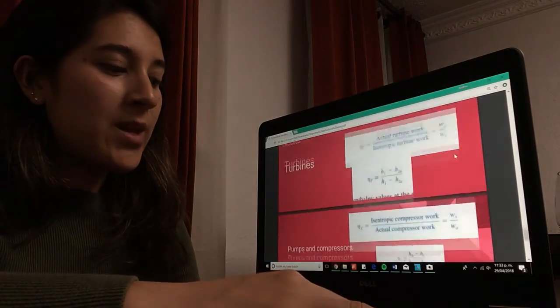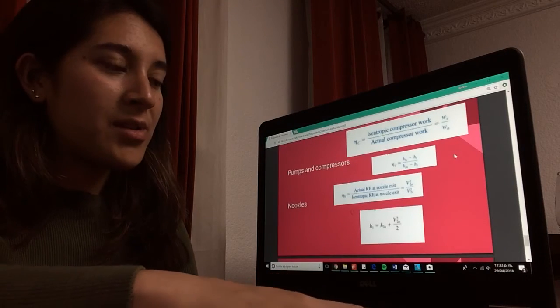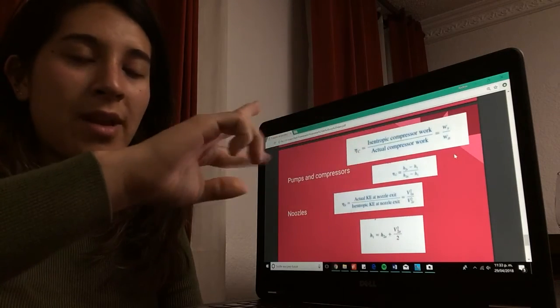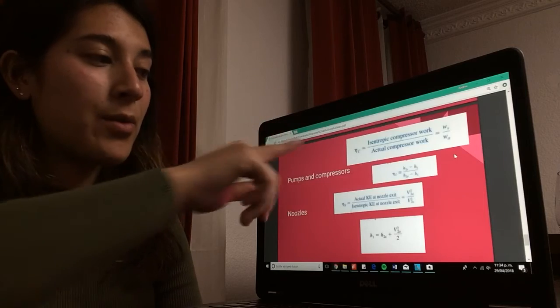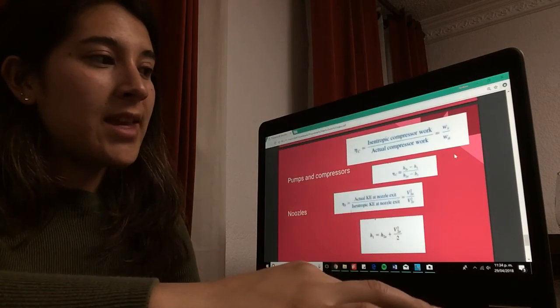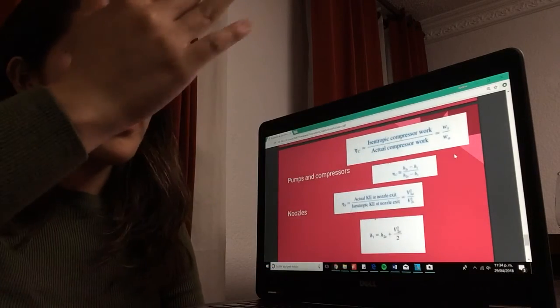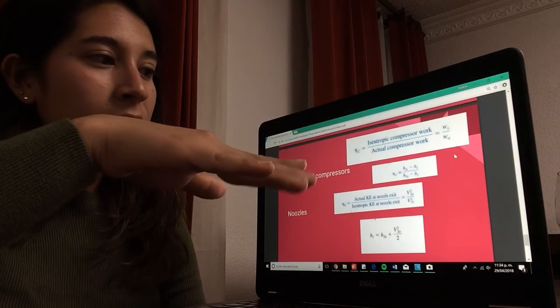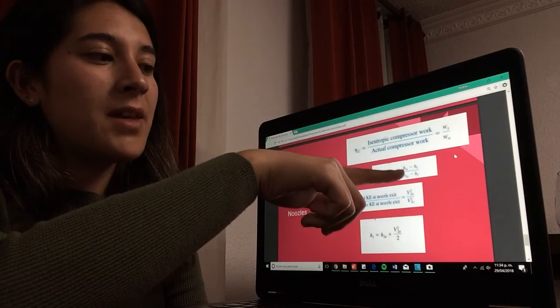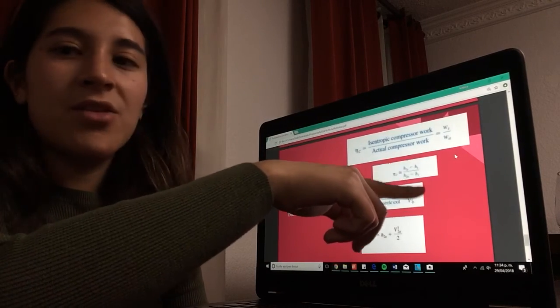And whenever we have pumps and compressors, it's going to be the other way. So it's going to be the isentropic compressor work over the actual compressor work. So that's why we're going to have the h2 minus the h1.